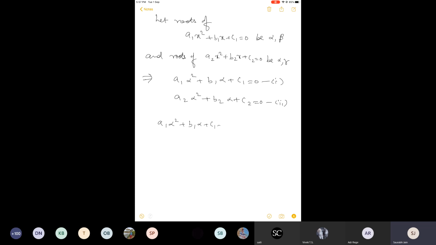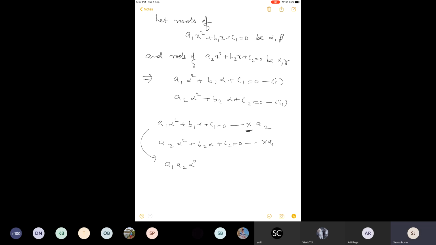I will eliminate alpha square from here. So for that, I will multiply the first equation by a2, and the second equation I will multiply both sides by a1.